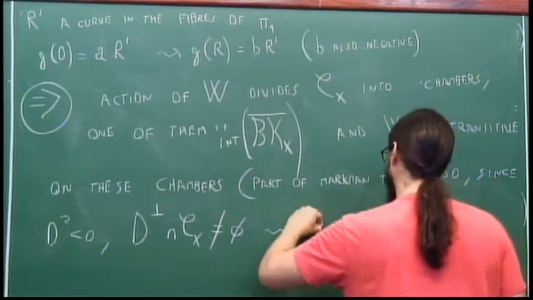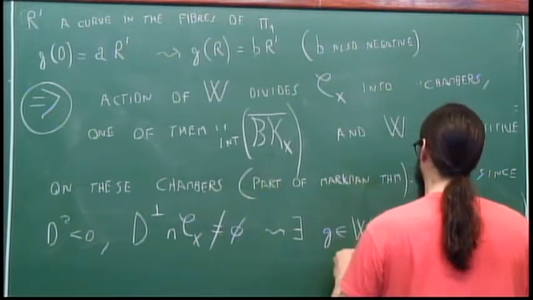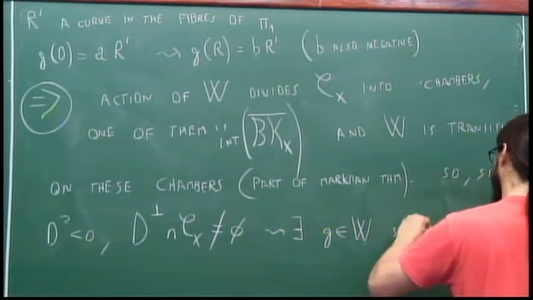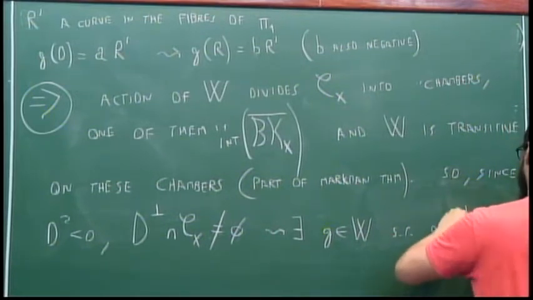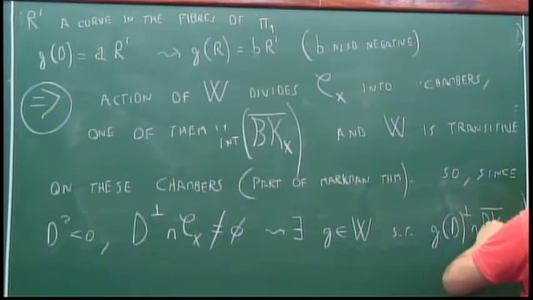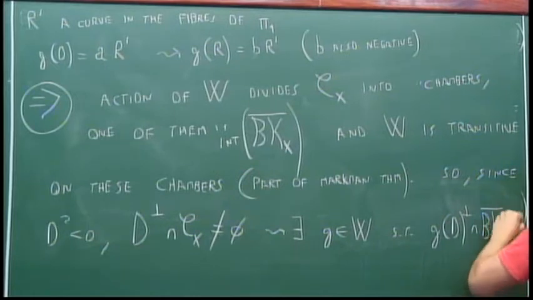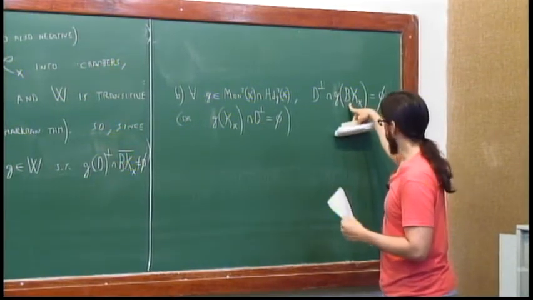So there is G in the Weil group such that G of D perp intersected with the closure of the birational Kähler cone is non-empty. But this intersection is empty with the interior of this, well, with the cone itself.